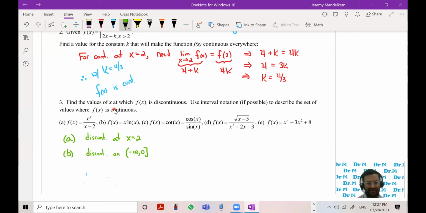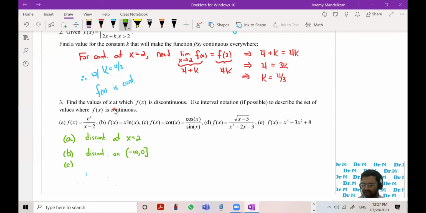For c, we have a cotangent function, which has a sine function in the denominator. So using our knowledge of the unit circle, we can go ahead and state where this cotangent function would be undefined.